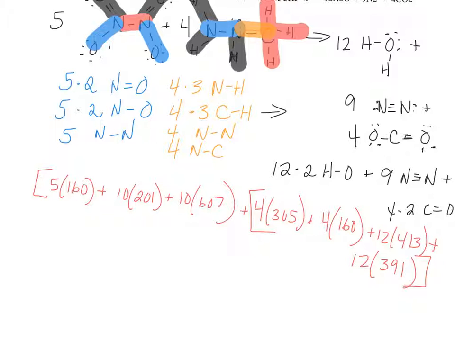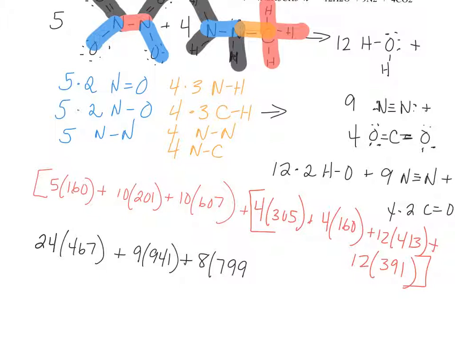We have 12 times 2, which is 24 HO bonds at 467, plus we have 9 triple N bonds at 941, plus we have 4 times 2, we have 8 C-double-O bonds, and that's specifically in the carbon dioxide, which is going to be 799.